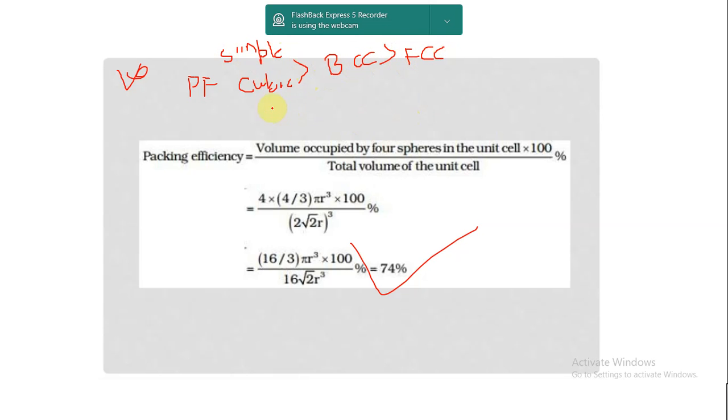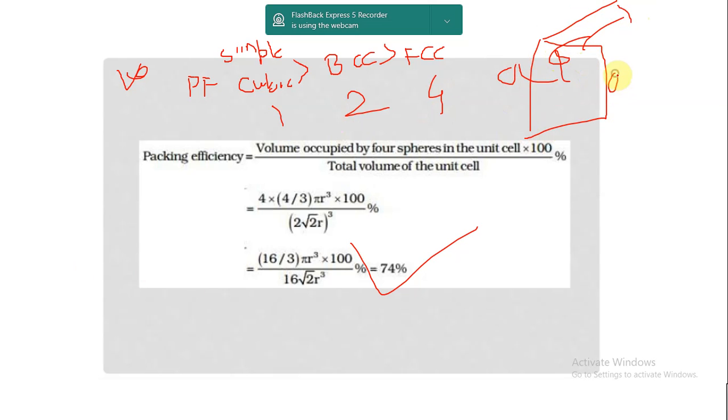Why? Because the number of atoms is 1 here, 2 here, 4 here. So the number of atoms is increasing while the cube is the same. The cube is always the same in every case. It has a length of A, breadth of A and height of A. So the number of atoms is increasing, so the packing efficiency is increasing, and it increased up to 74%.